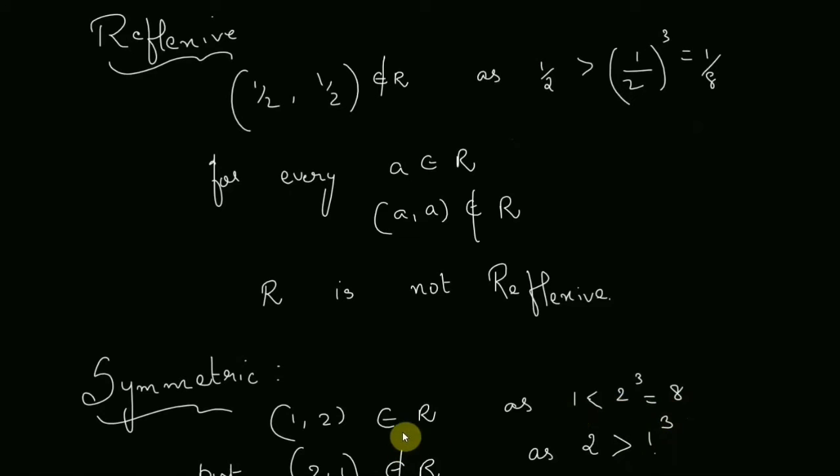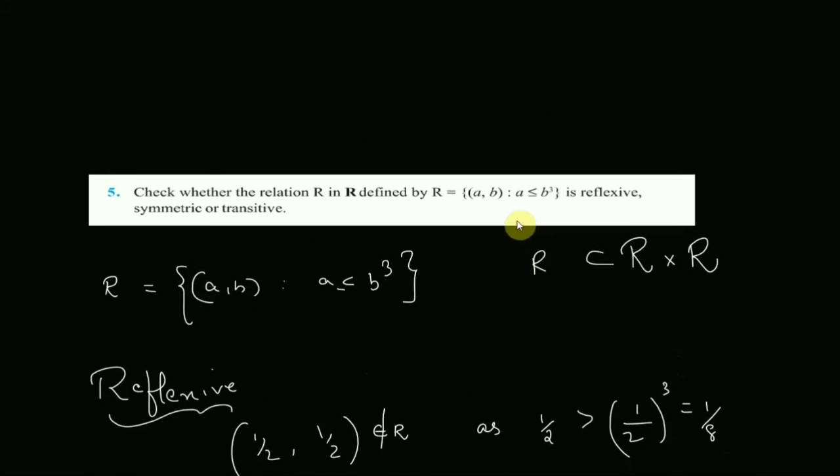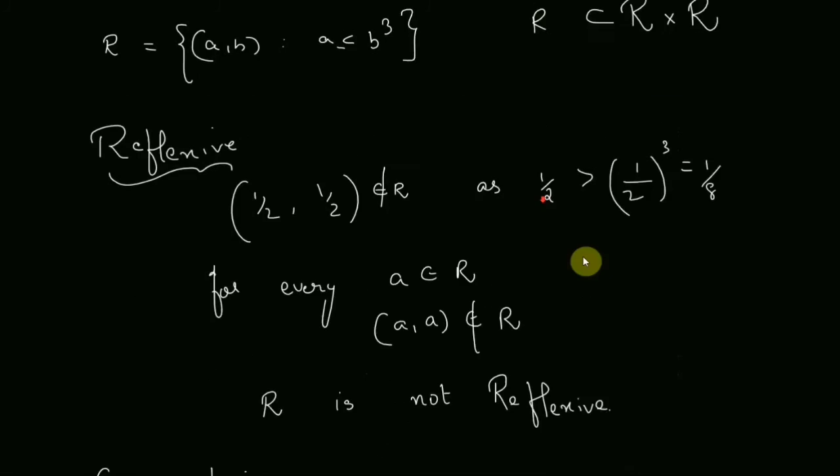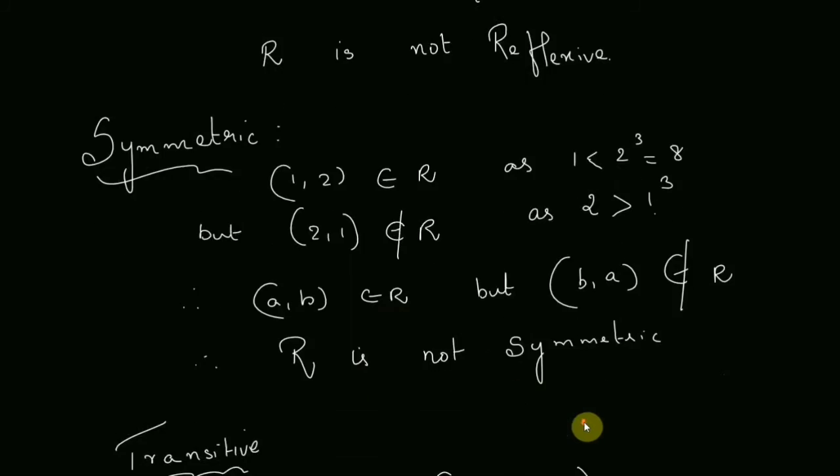So (1, 2) belongs to R. What about (2, 1)? 2 is greater than 1 cube. It should be a less than or equal to, but here a is greater. So (2, 1) is not in R. So (a, b) belongs to R, but (b, a) is not in R. That means R is not symmetric.